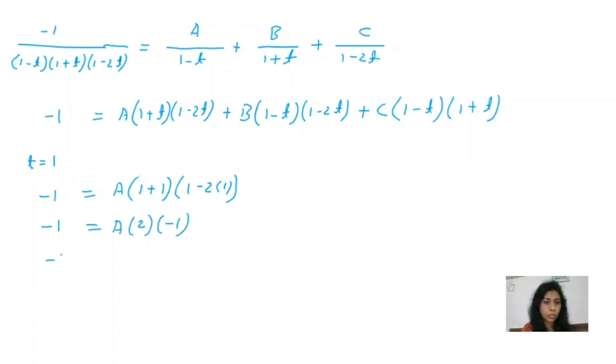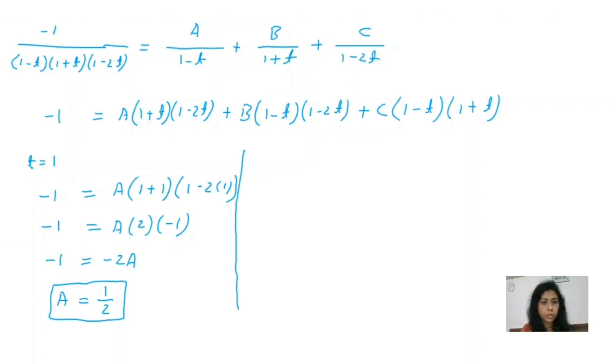Minus 1 is equal to minus 2A, and what is the A value? Negative negative cancel, 1 upon 2. So we got A value 1 upon 2.